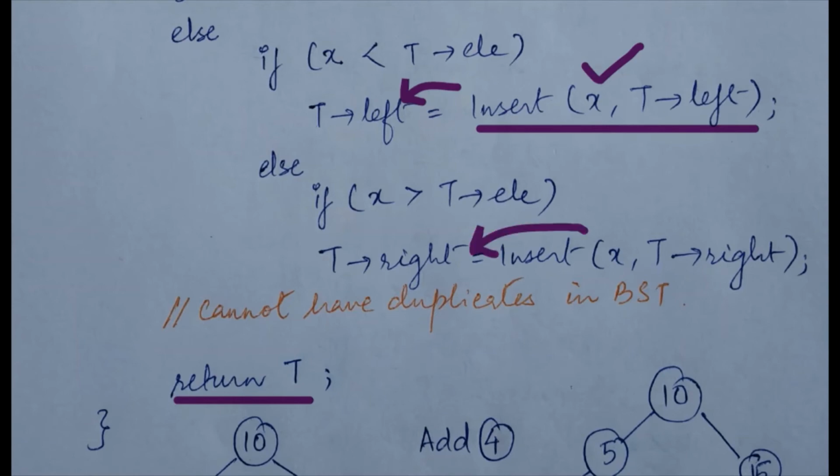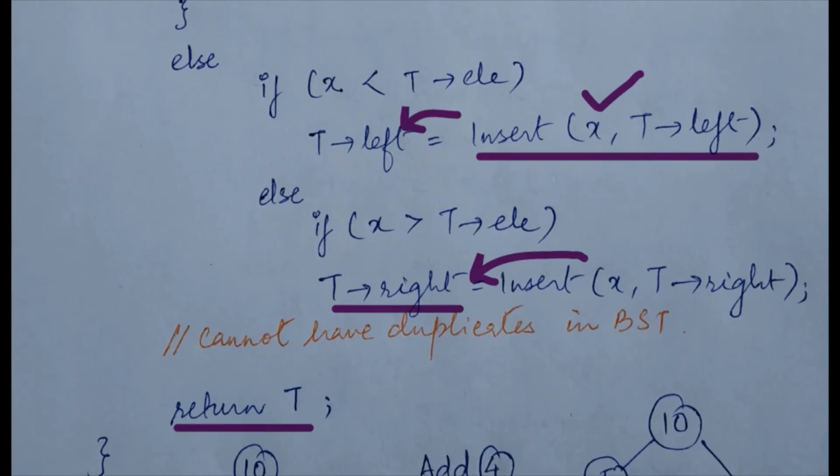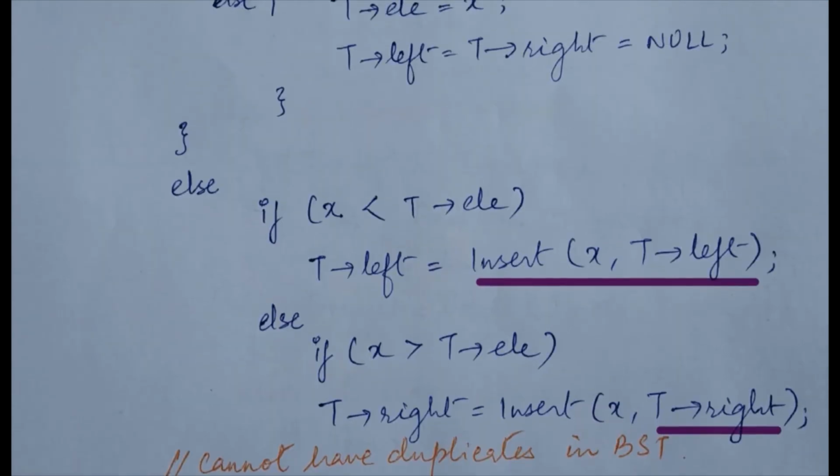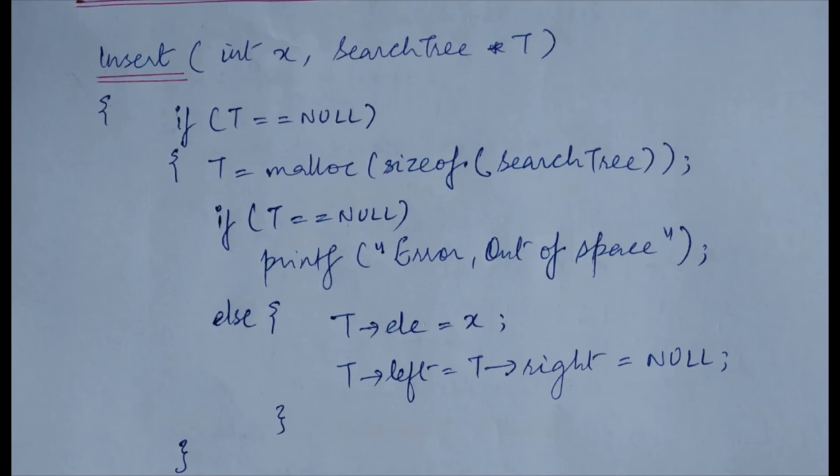Now this t's right is not always root's right. Since we are going to have many recursive calls, it will be that recursive call in which t's right was null. Because if t's right was null, and I call insert x in t's right at some level of recursion, then the next time this function is called, this is null.